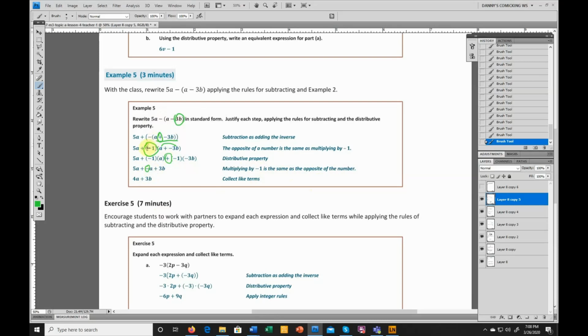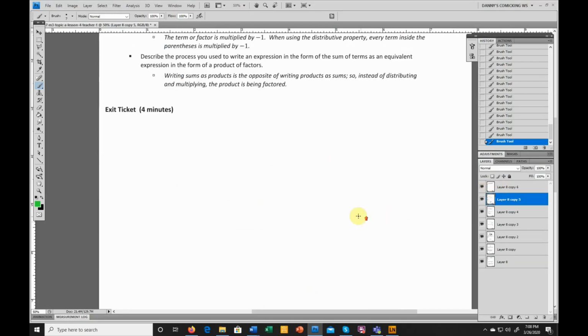So we're just reversing what we did up here. Okay. Collecting like terms. Our like terms are going to become 4a because we have 5a plus minus a, so we lose an a. So 4a, so that minus a is going to go like that. Plus 3b, because we don't have any other b's. Okay. So I'm going to close out here, you guys.